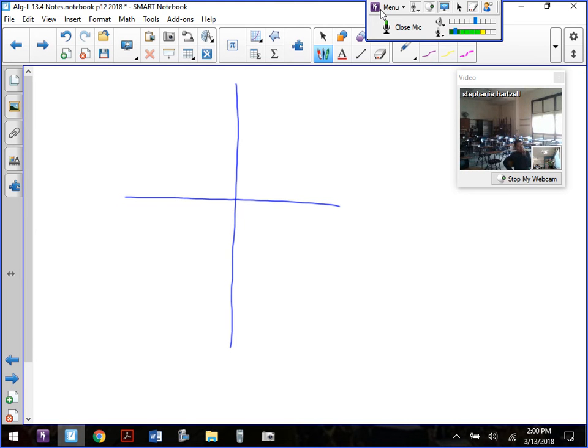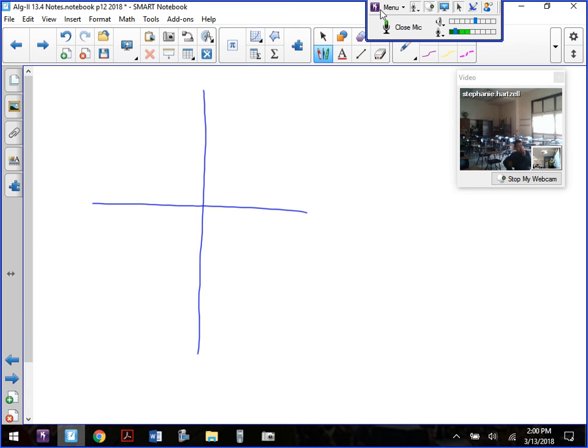Anyway, so here's what happens. One of the things that you guys have a tendency to forget is that you overlook the simplicity of what happens on quadrantals. Remember, quadrantals are the values that occur at 0, pi over 2, pi, and 3 pi over 2.